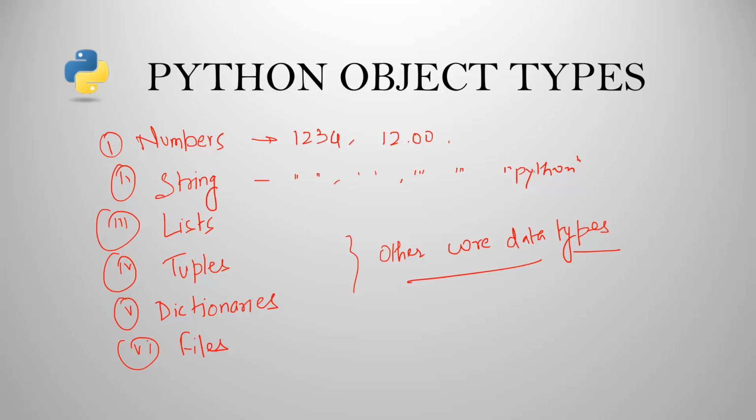Lists can be shown inside square brackets. Tuples within round brackets.